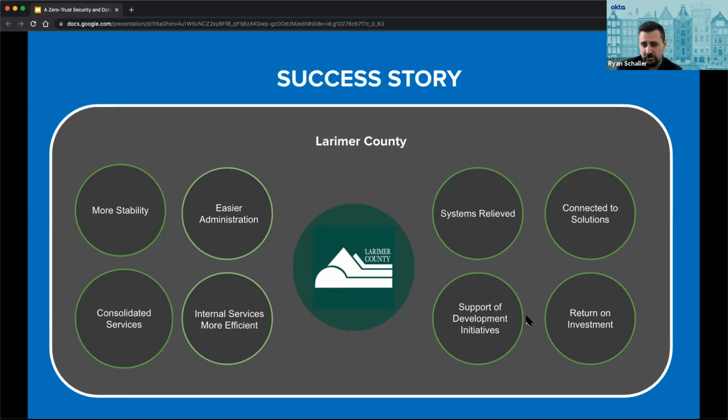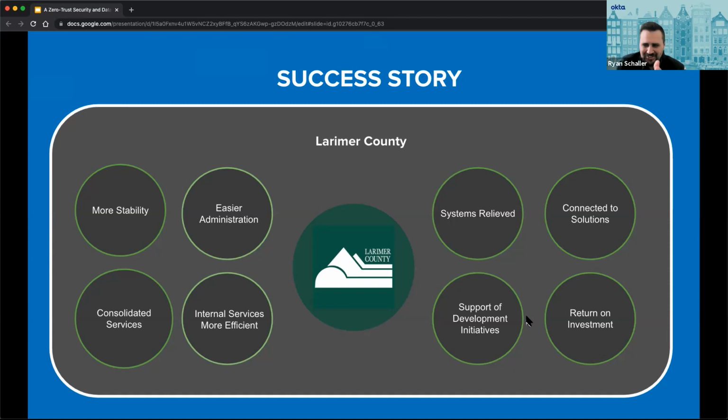And the most important thing is they wanted a way to connect to multiple solutions. If you have security systems like CASBs and SIEM tools that collect logs, being able to connect those solutions quickly and painlessly is also super important. So I want to have a very secure footprint, and I want to care about where everybody is and how they access my data. But I also need to connect everything, right?